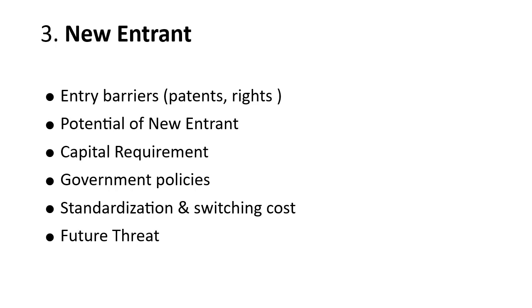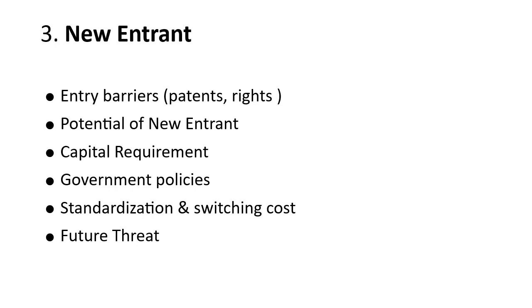If the product of a new entrant is good, maybe they are not very famous today, but if people are looking for some other substitute or alternative at a lesser price, they may go with it. One of the best examples is YouTube. In the beginning, it was an unknown company.